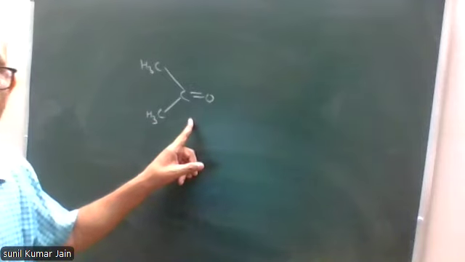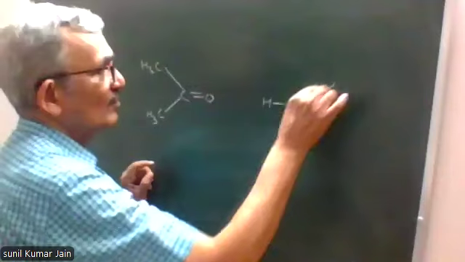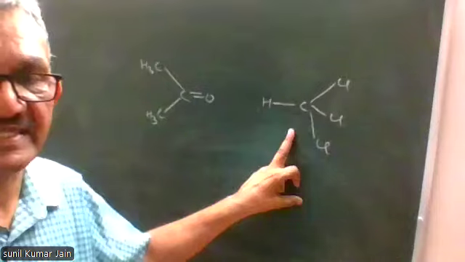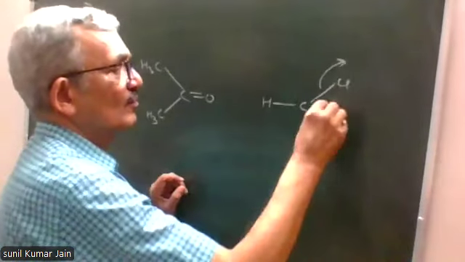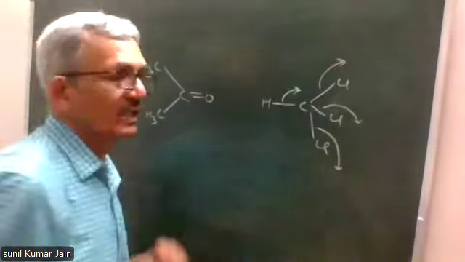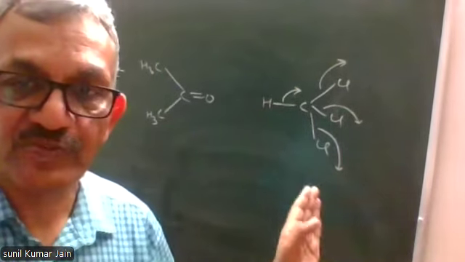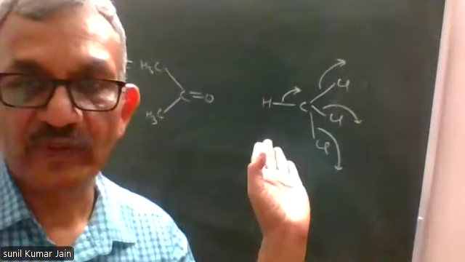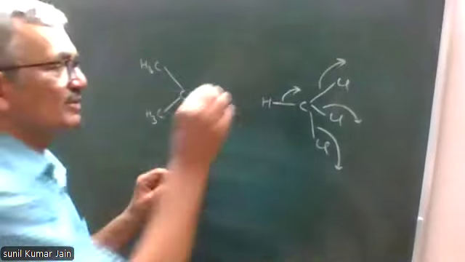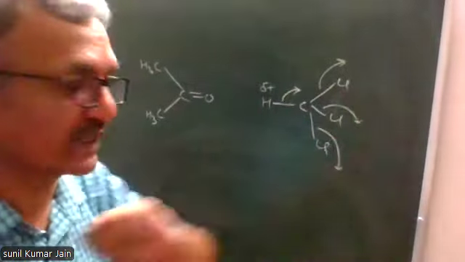This is acetone, propanone, CH3COCH3. This is chloroform, CHCl3. On the basis of electronegativity, on the basis of displacement of electrons, if you look at arrows, it should be clear that hydrogen will carry slight positive charge because electrons are pulled by chlorine atoms.